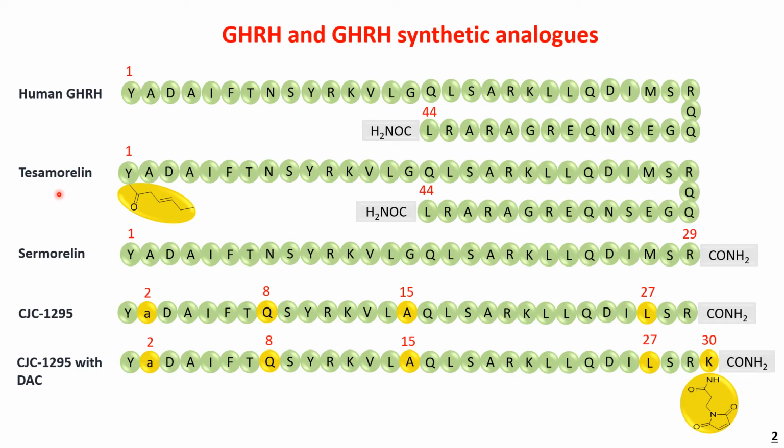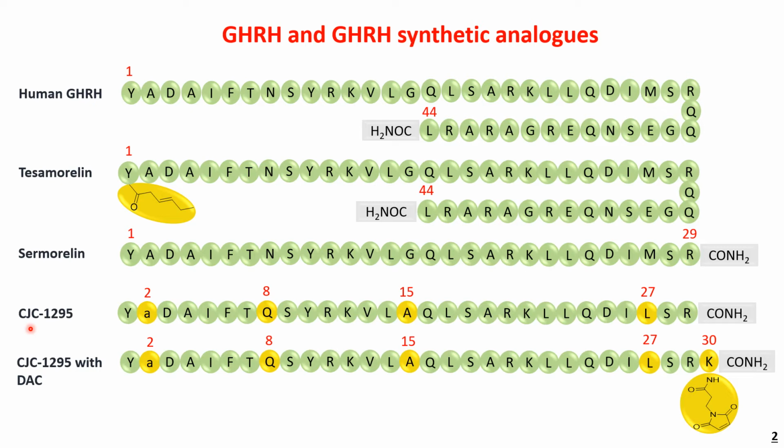Tesamorelin has the same amino acid sequence as human GHRH, but with modified N-terminus with 3-transhexenoic moiety. Sermorelin is a shorter fragment of GHRH with identical amino acid sequence.